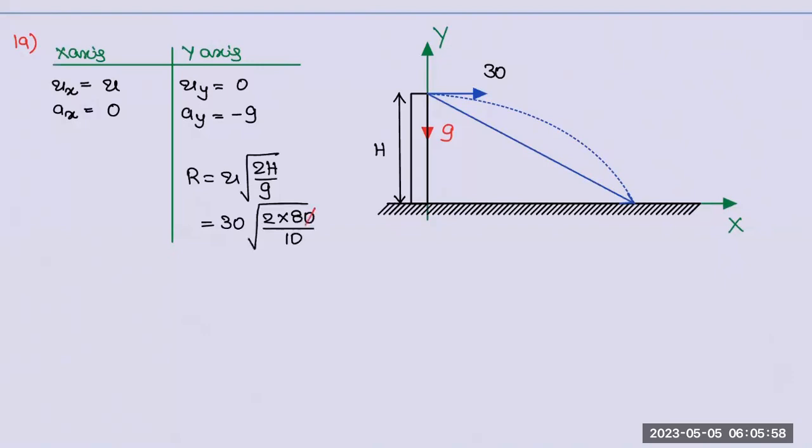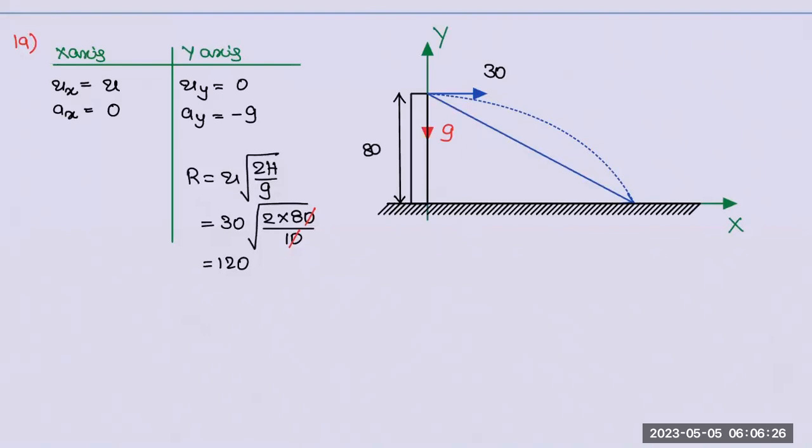So these two get cancelled. 2 into 8 is 16, 16 means 4. 120. The range is 120. So horizontal displacement is 120. Vertical displacement is 80. Sorry, 80 meters is the height. Okay. Good.